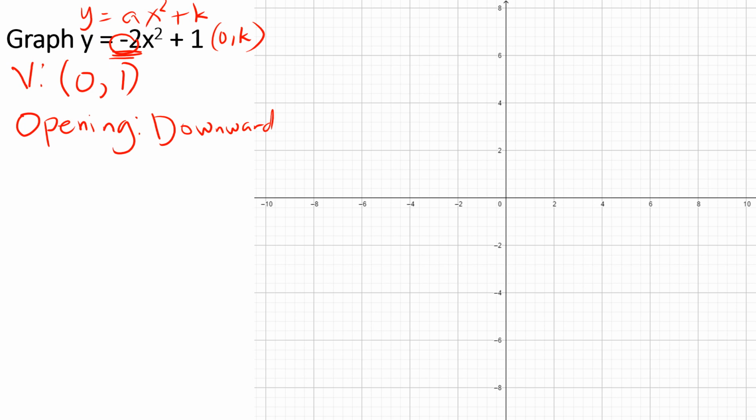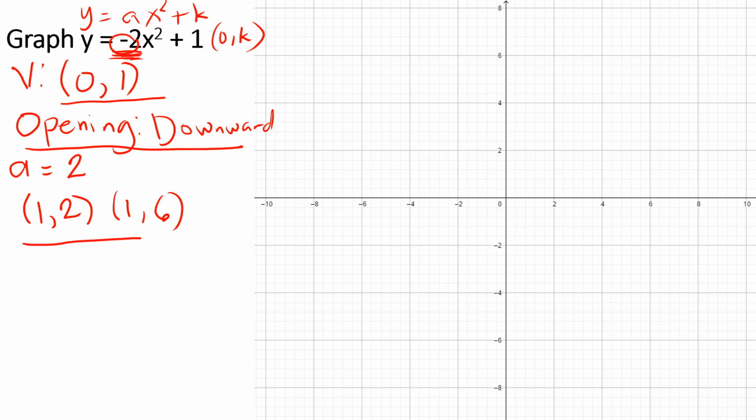Then, yung nasa previous slide din natin, kailangan natin makita yung pattern niya. So, kailangan natin makuha ang value of a. Ang a natin ay 2. So, mula sa slide kanina, pag ang a ay 2, ang pattern natin ay 1, 2, then 1, 6. Yan, meron na tayong vertex, meron na tayong opening, at meron na tayong pattern.